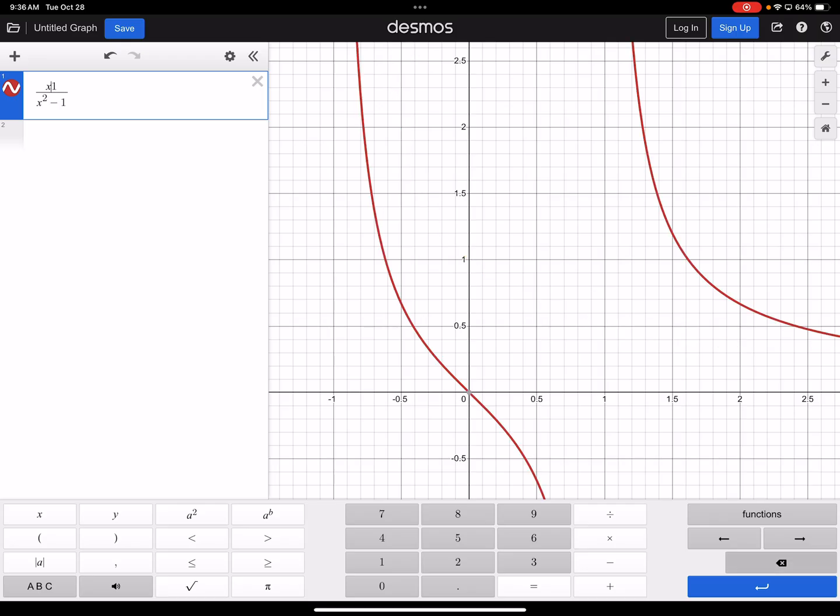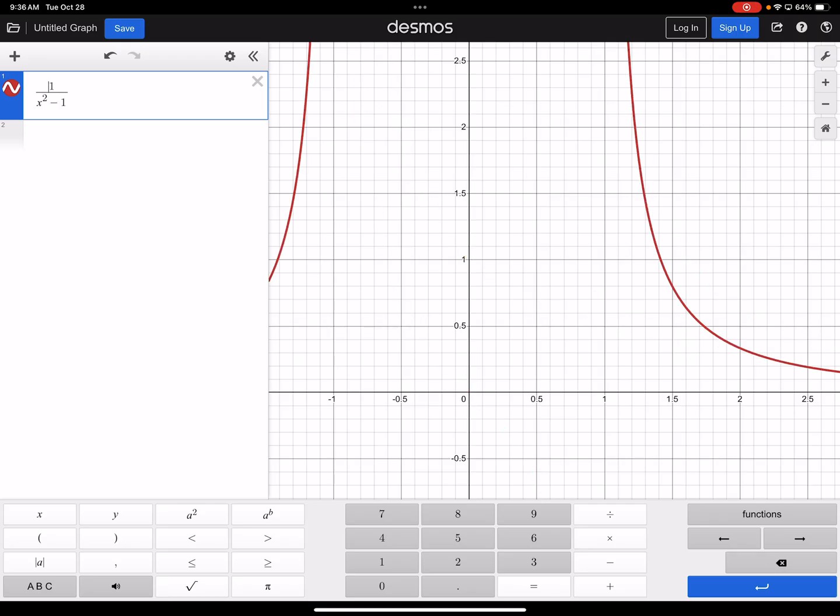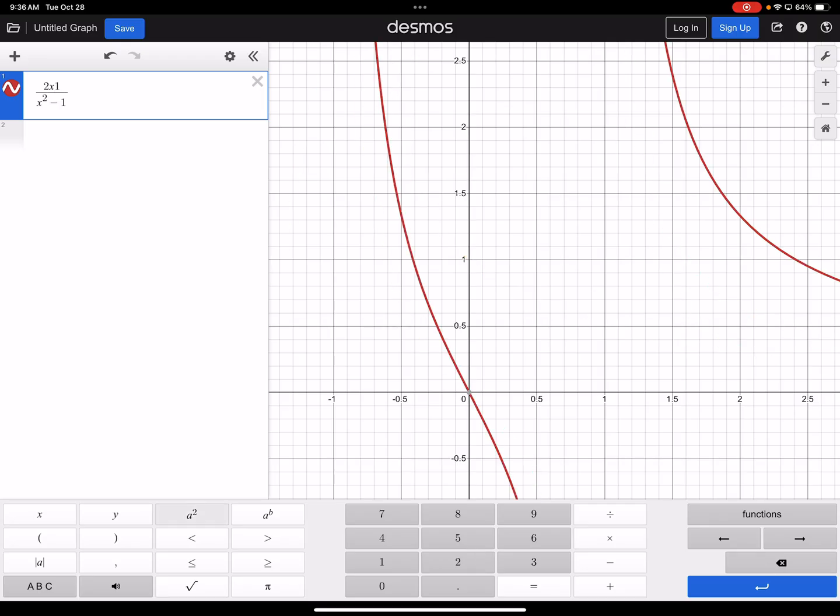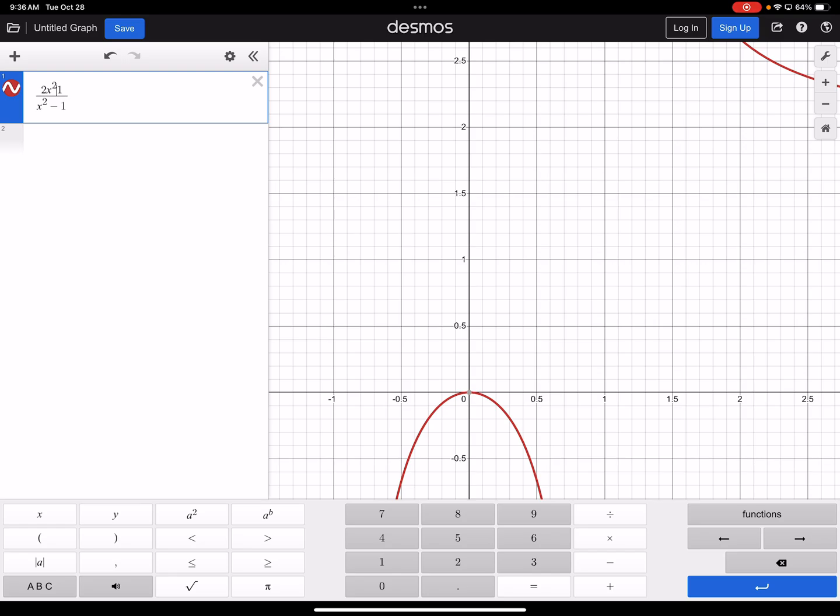It would probably just be easier if I retype the whole thing, 2x squared minus 5x, and then I've got a plus 7, right? And then I have on the bottom x minus 2, okay?